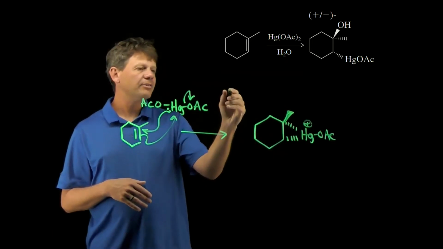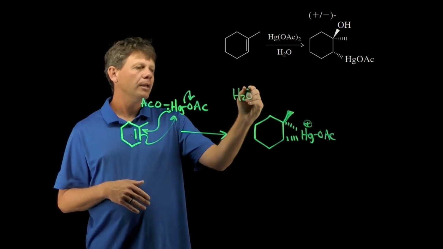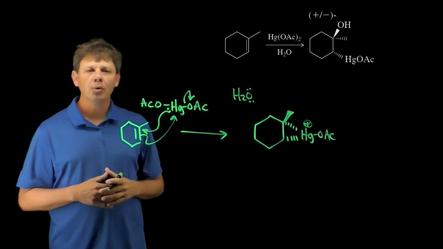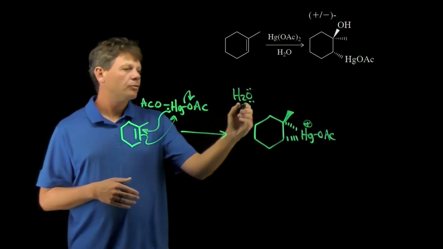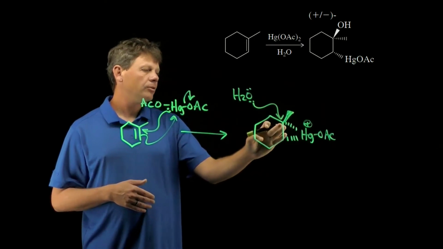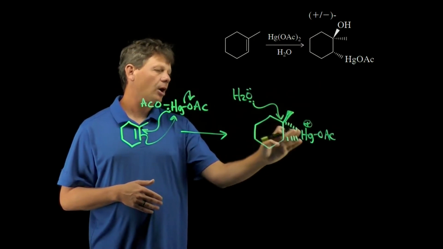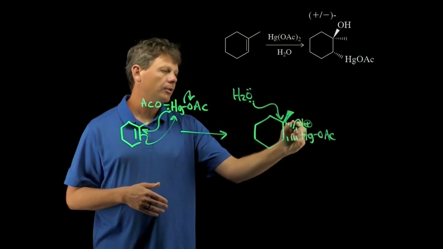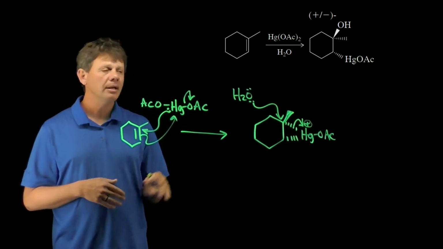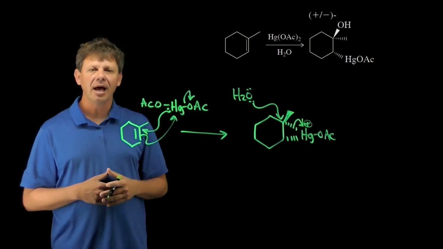Now, in the next step, a molecule of water is going to attack the electrophilic mercurinium ion at the most substituted carbon. So water, these electrons on oxygen, are going to be added to this carbon, pushing these carbon-mercury electrons back onto the mercury. Because the mercury is on the bottom, that water is going to add on the opposite side.